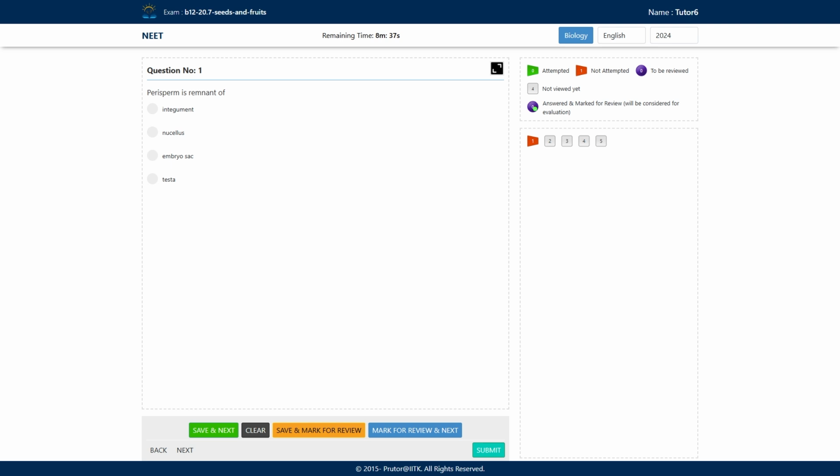It can be integument, nucellus, embryo sac, testa. So this is the first question. Perisperm is the remnant of A, integument; B, nucellus; C, embryo sac; and D, testa.